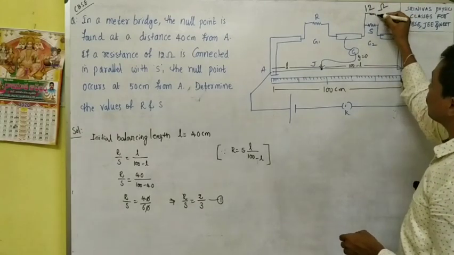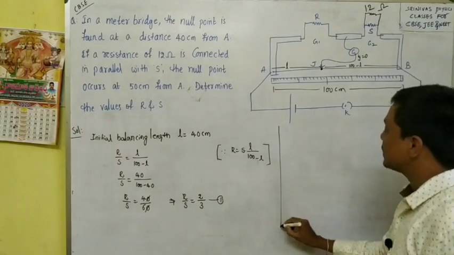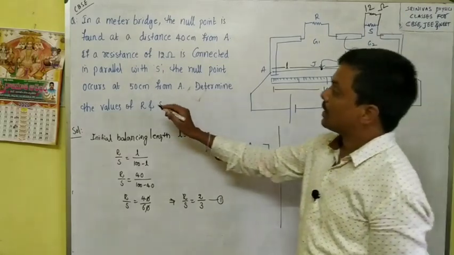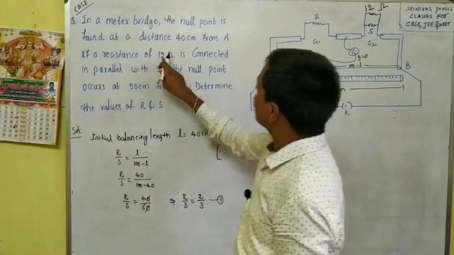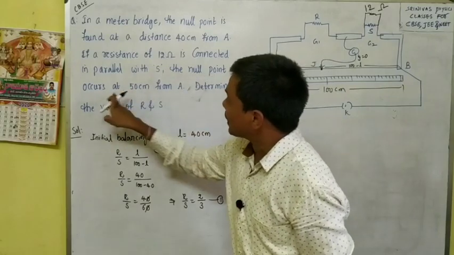When you connect the 12 ohm in parallel to S, the right side resistance changes, and a new balancing length occurs after connecting the 12 ohm in parallel to S. The null point now occurs at 50 centimeters.